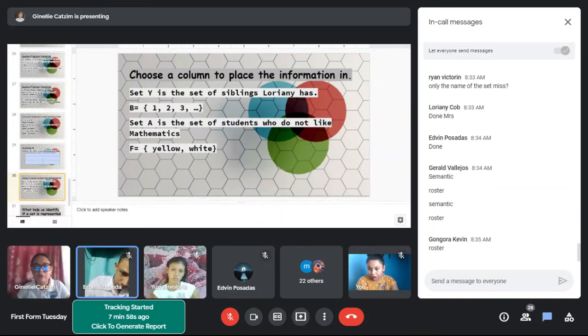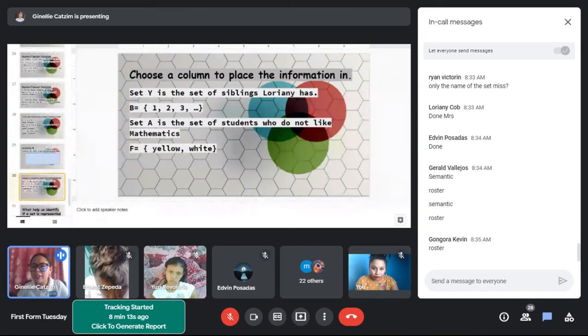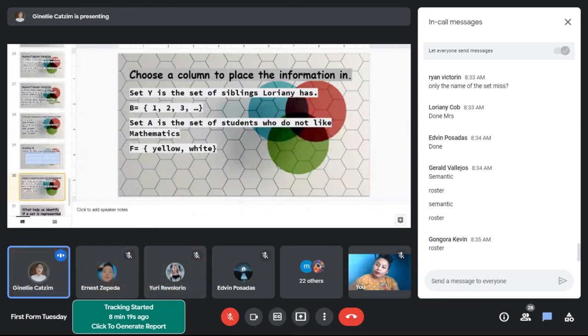Raster, right? It is raster notation. Good. Why? It has a name, it has the curly brackets, and it is separated by commas. Very good. So you really can now identify and differentiate what is semantic and what is raster notation.